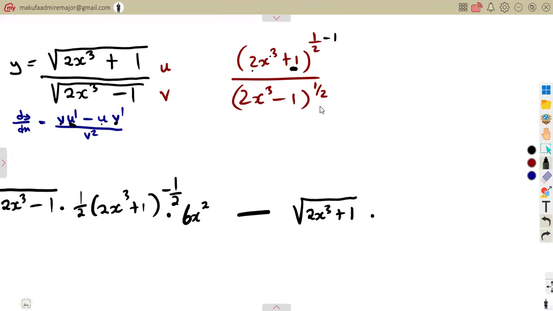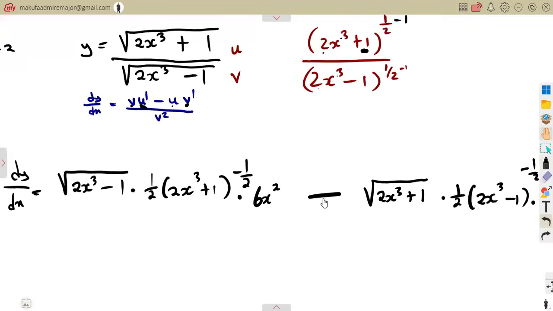You drop the power, so that is a half. You subtract 1 on that power, so that will be a minus half. Then you differentiate what is inside the bracket, just like the previous case. So 3 and 2 gives 6x², minus 0, which is just 6x².